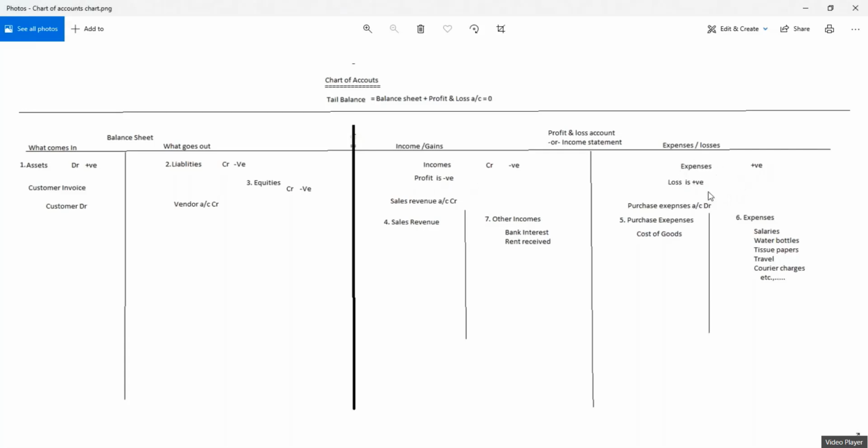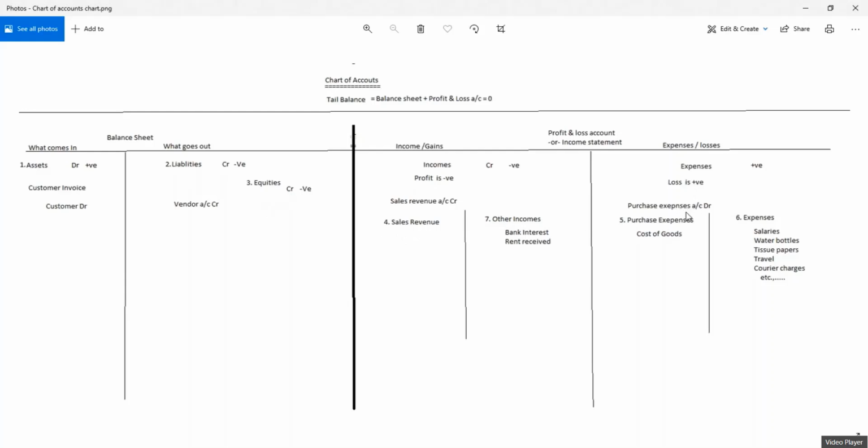Loss or expenses is positive. So one assets, two liabilities, and there is one more bifurcation as per Microsoft. It is the 3 equities, but as per commerce only assets and liabilities. But as per Microsoft Dynamics best practices, equities also came into the picture. 4 revenue and 5 expenses.